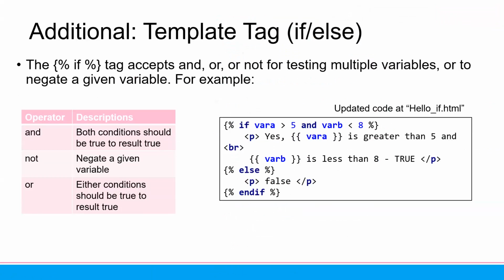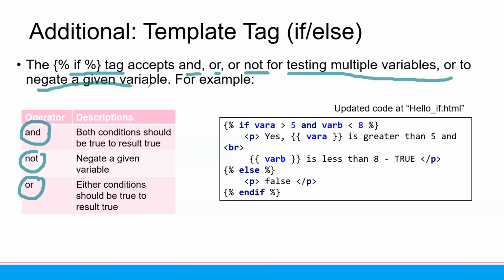We have multiple conditions, and for multiple conditions we have operators similar to any programming language: and, not, or. I will teach you only these three. The if tag accepts and, or, not for testing multiple variables or to negate a given variable.